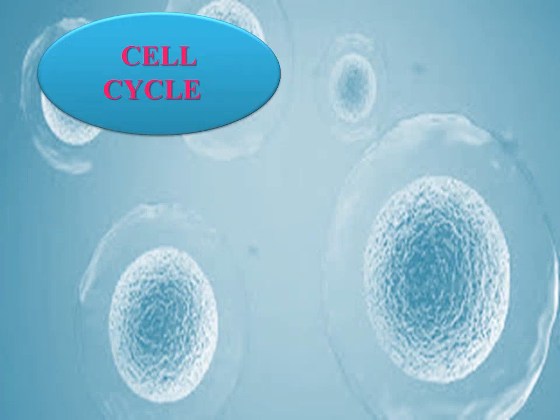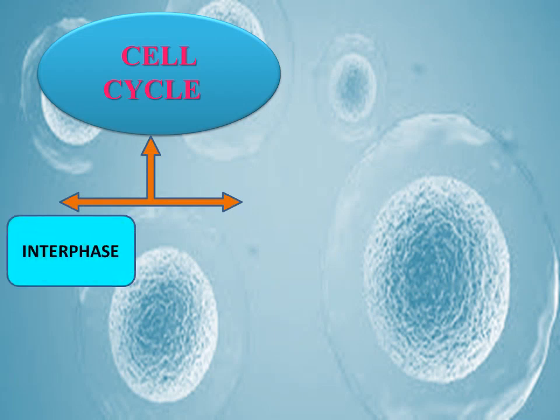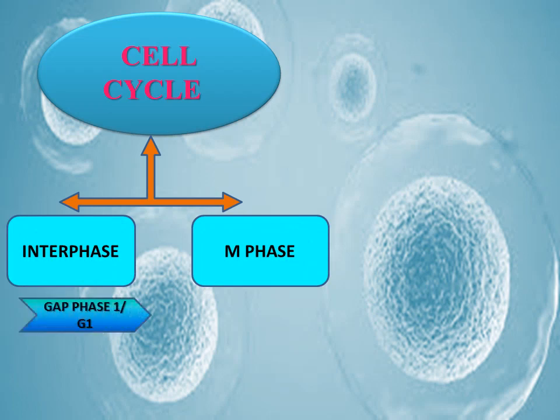To understand the cell cycle, let us know the phases or the stages the cell passes through in a systematic regulated manner. Cell cycle can be divided into two. They are the interphase and the M phase. Interphase in turn is comprised of three subphases, namely gap phase 1 or G1 phase, synthesis phase or S phase, and gap phase 2 or G2 phase.